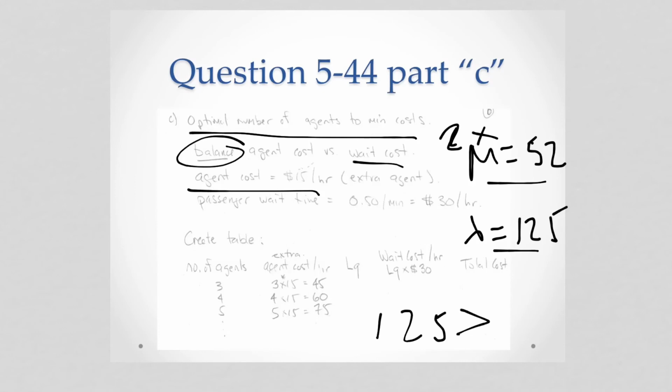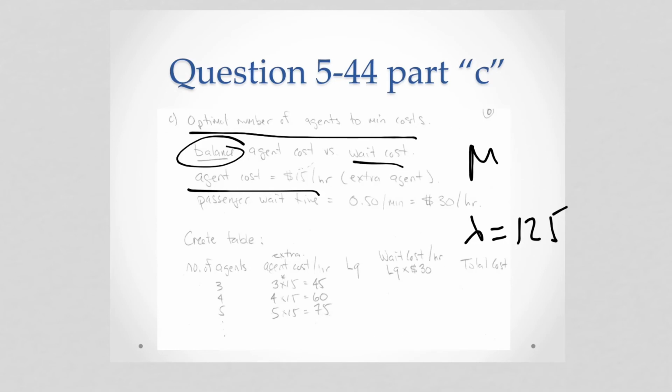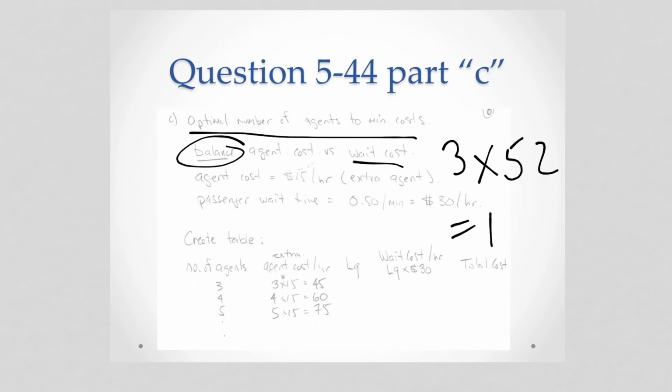So still not good with only 2 mu's. If you have 3 servers, 3 times 52 equals 156, versus lambda, which is of course 125. So this is okay. That's why we start at 3.